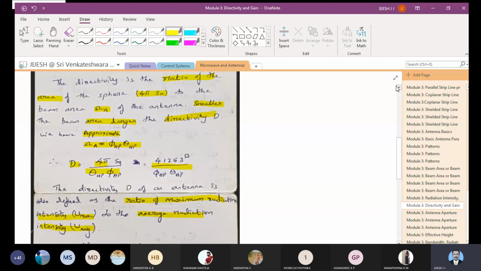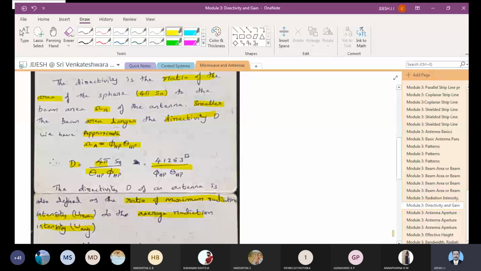So those are all the equations for directivity. You got directivity as 4 pi by omega A. You have to substitute omega A. You get one more equation for that. You can write directivity in the approximate form as 41,253 square degrees divided by theta half power into phi half power. You can also write directivity in terms of WT. So that also you got the equation for that.